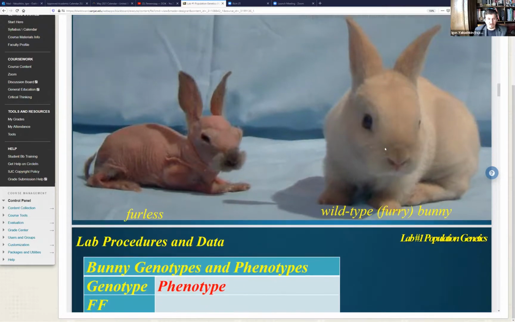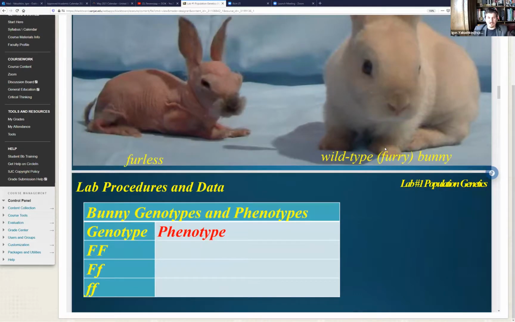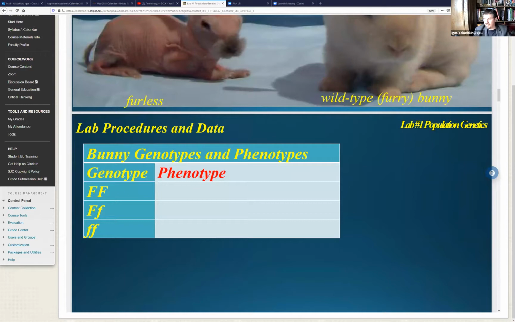So let's take a look at the phenotype. Bunnies, genotypes and phenotypes. That's the page. In this particular case, capital F and capital F, homozygous dominant, would be furry. Now, capital F and lowercase f is the heterozygous bunny, but because it has a capital F, it will still be furry.